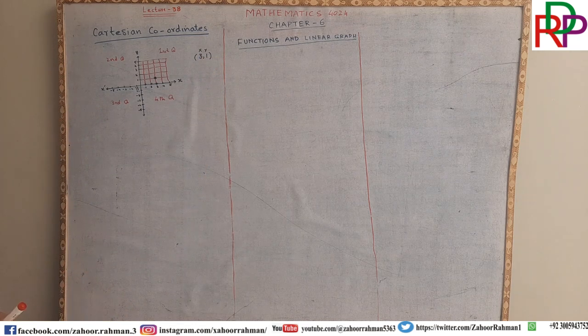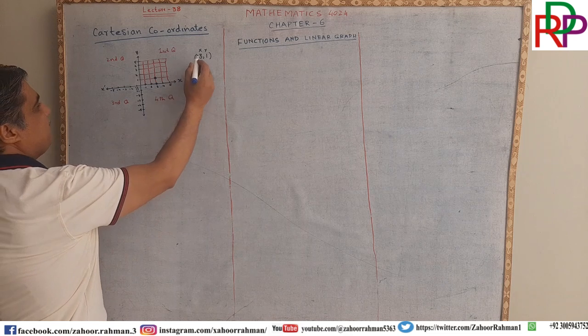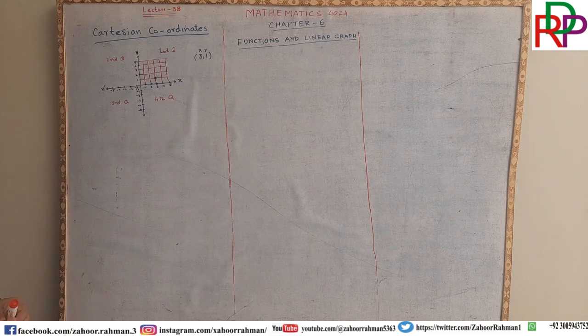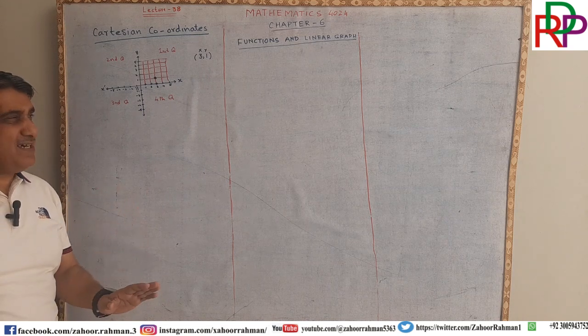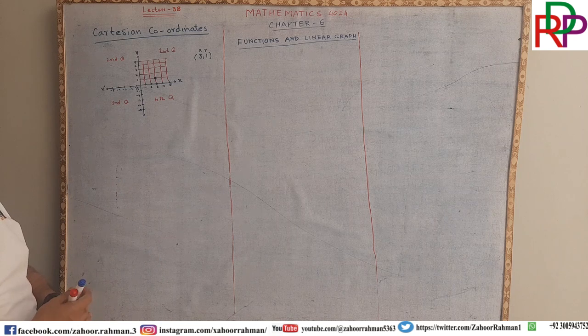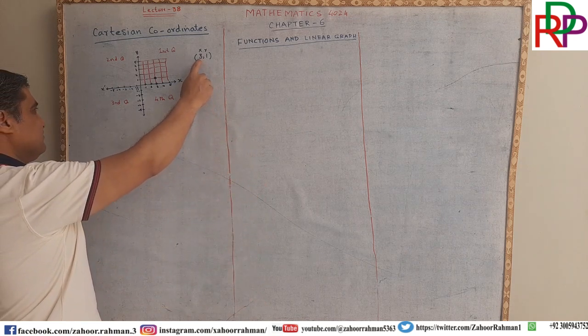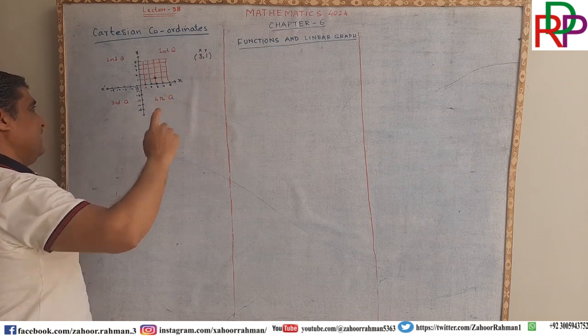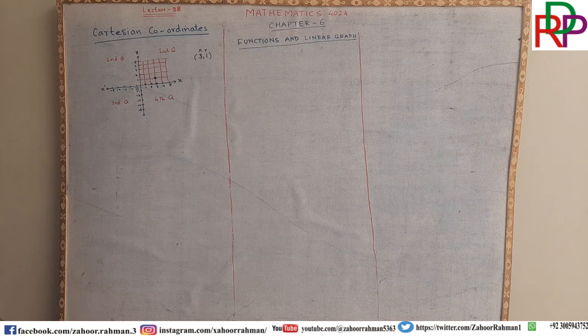So there will be a pair of coordinates in which the first value will represent the x-axis and the second value will represent y-axis. Never, ladies and gentlemen, in any part of the world will it happen that first you write y and then you write x.